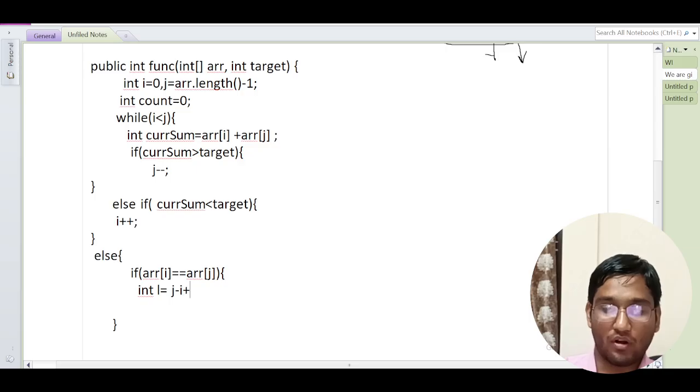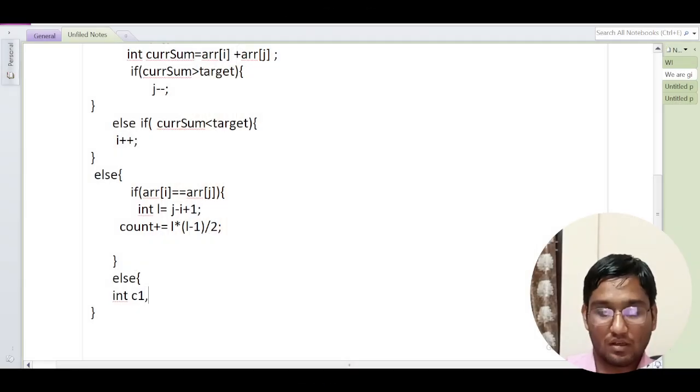The length will be j minus i plus 1. And the count will become what? Count becomes L into L minus 1 divided by 2. What is L into L minus 1 divided by 2? It is LC2. L is the length, j minus i plus 1, that I have already told you.